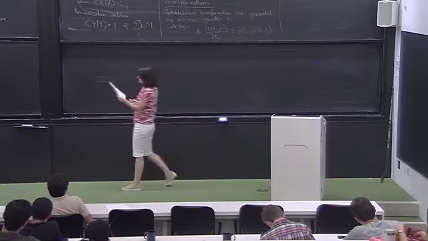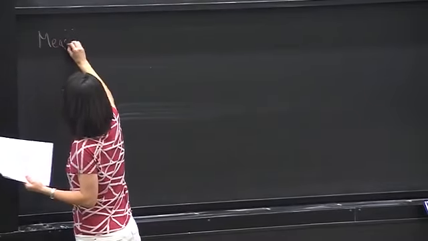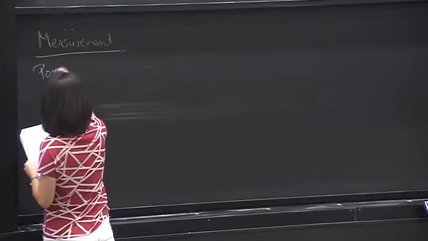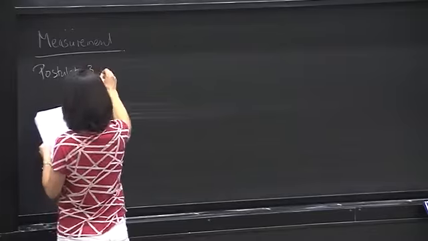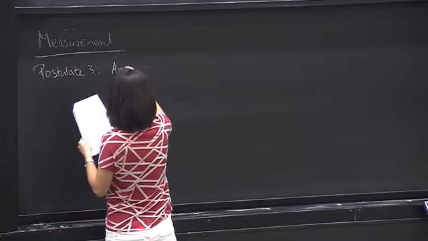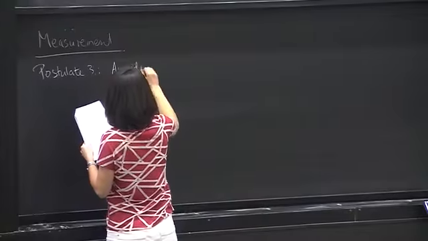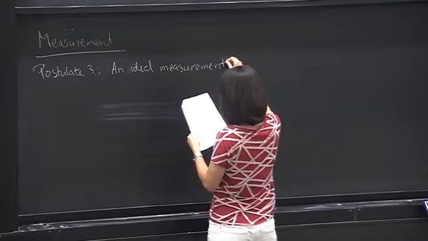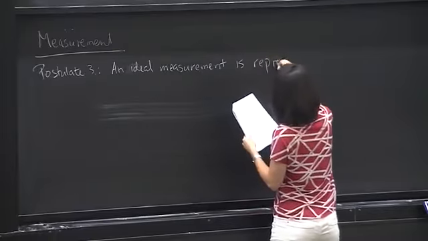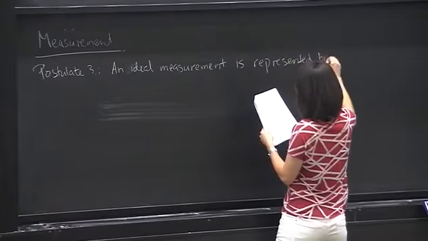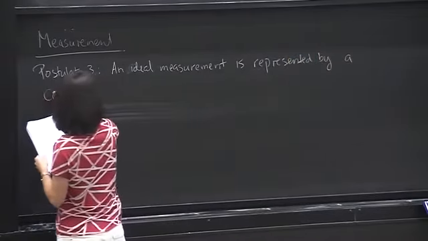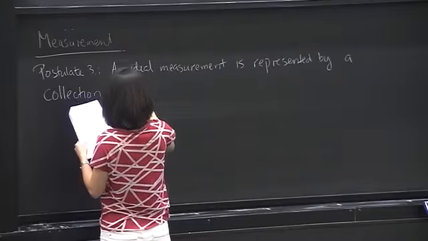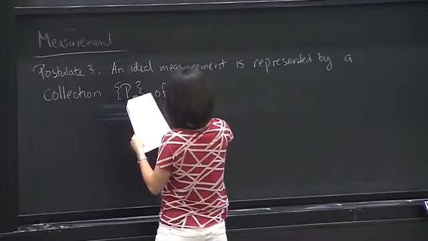Okay, so then the third postulate is to do with measurement, and that is that an ideal measurement is represented by a collection of projection operators.